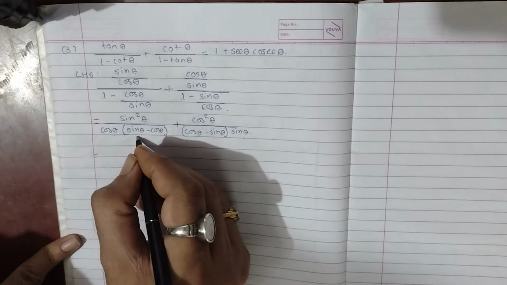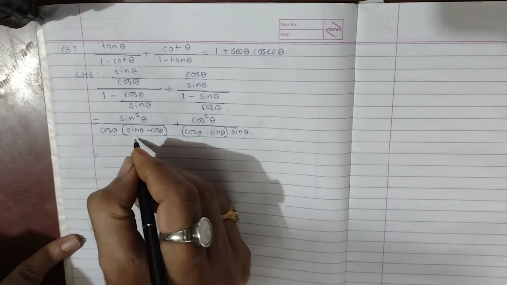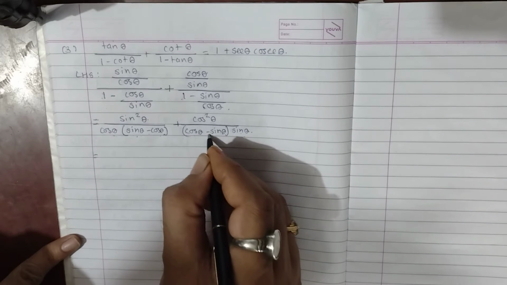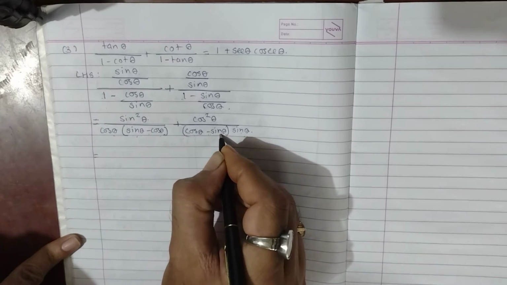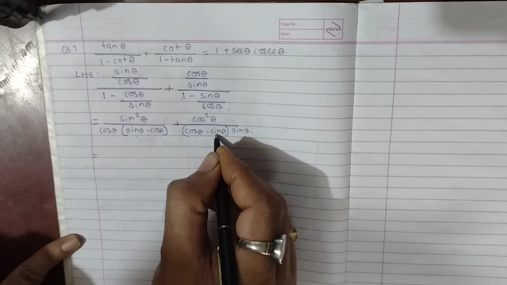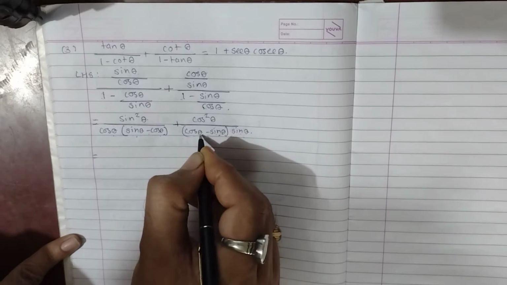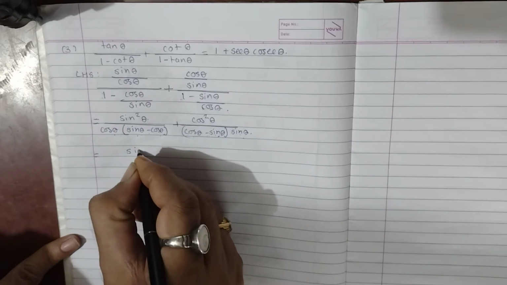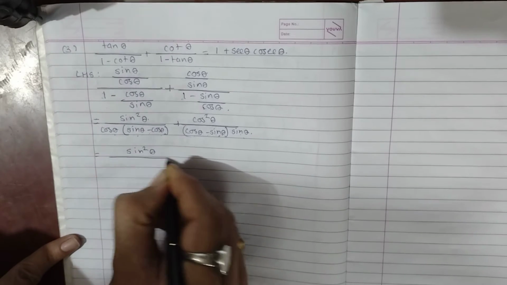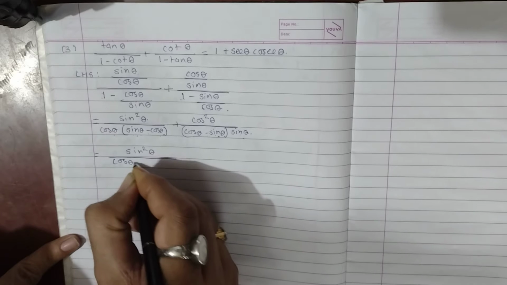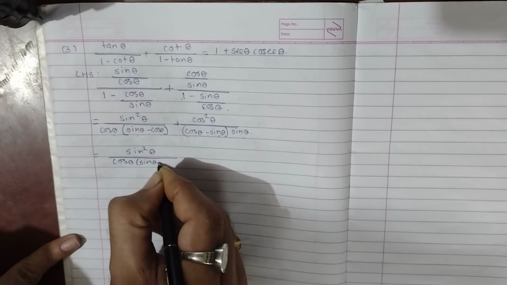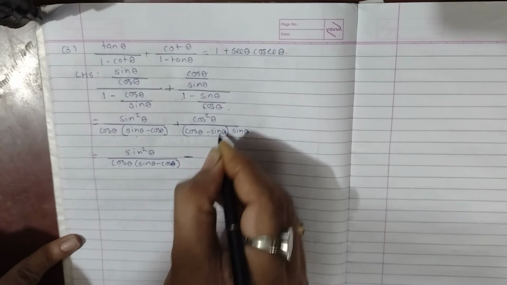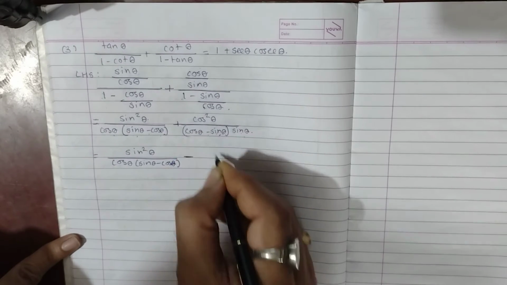Now if we want to find the LCM, we can see sin theta minus cos theta and cos theta minus sin theta. If we want to convert a term into sin theta minus cos theta, the sign will be changed. So we write sin square theta upon cos theta, sin theta minus cos theta, and here we change the sign, so sin theta minus cos theta.